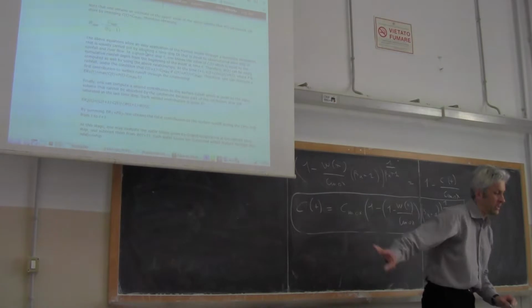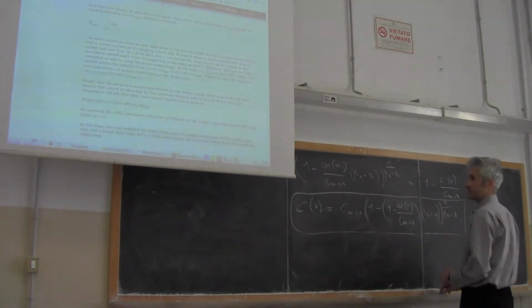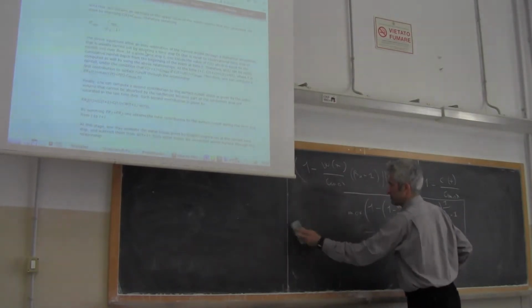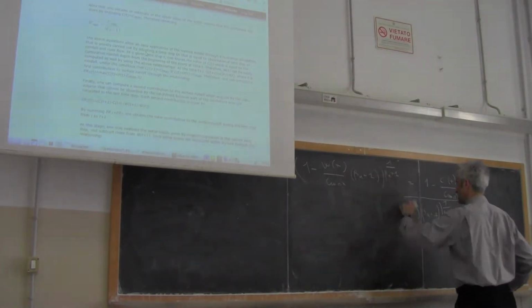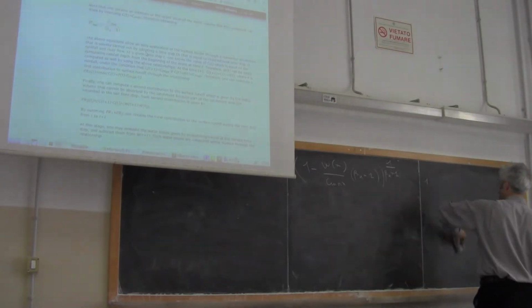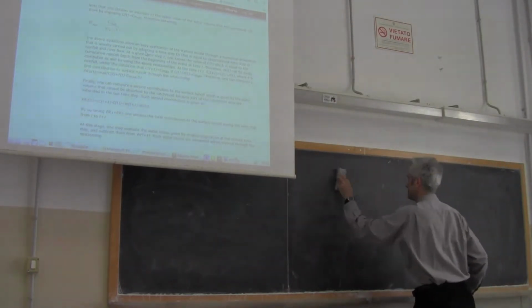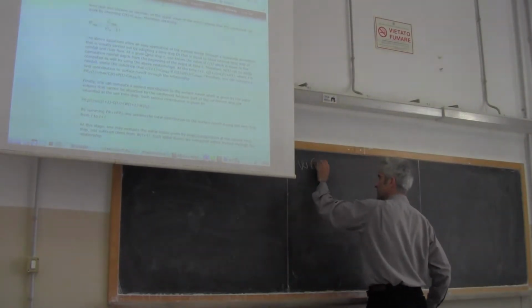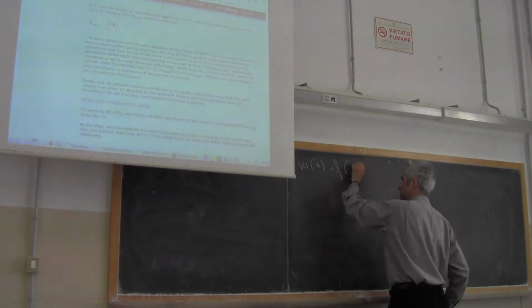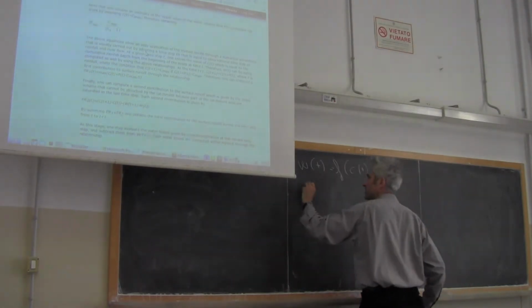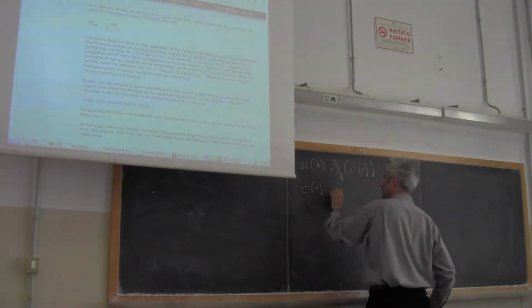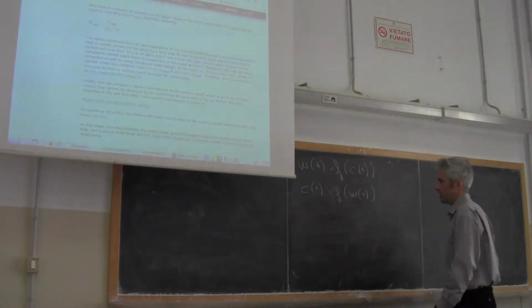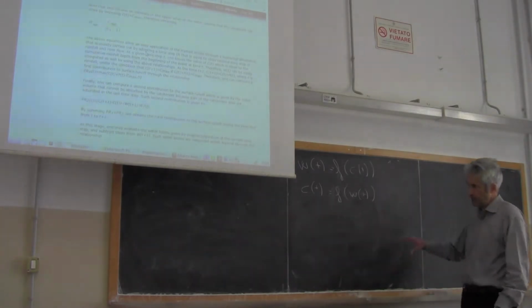Okay, let me follow the workflow that is described here. So you now have two expressions available: Wt as a function of Ct, and the other one, Ct as a function of Wt. Remember what Ct is.